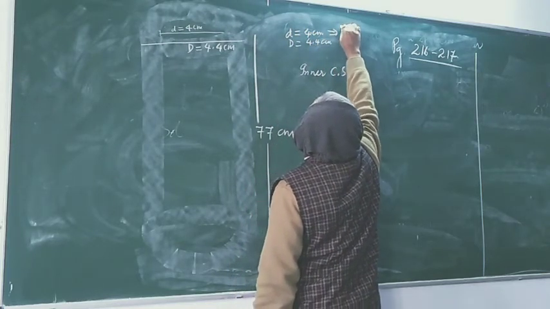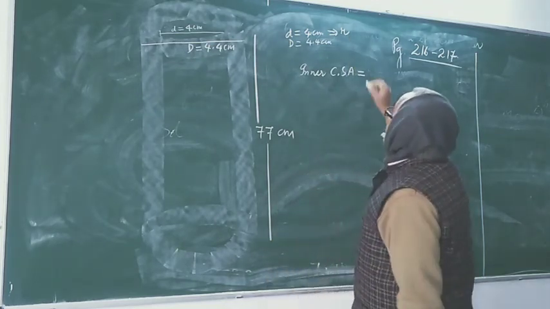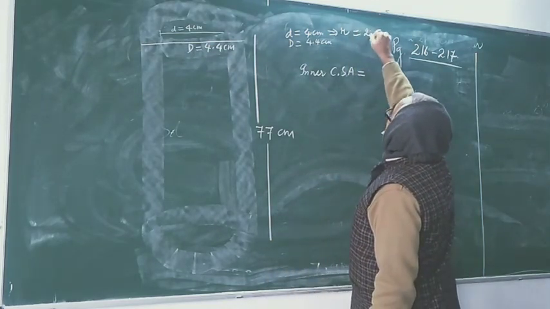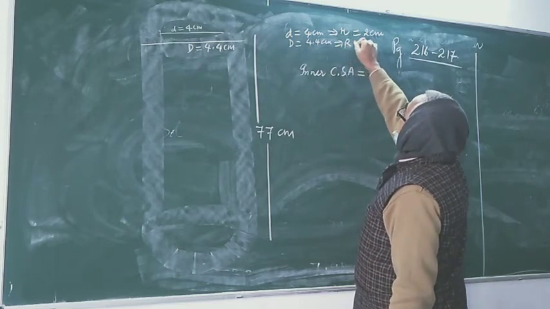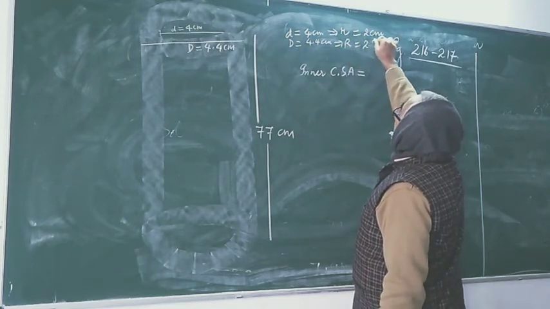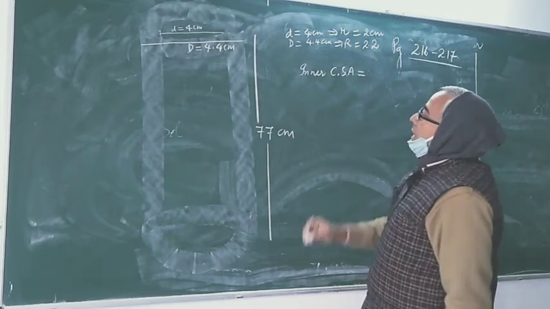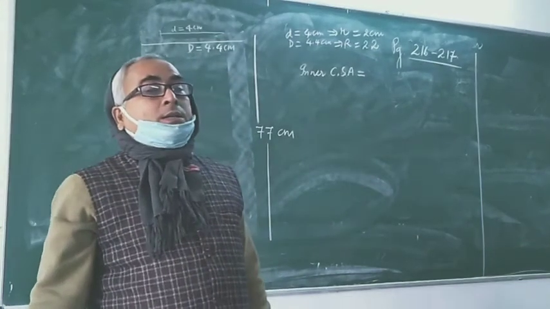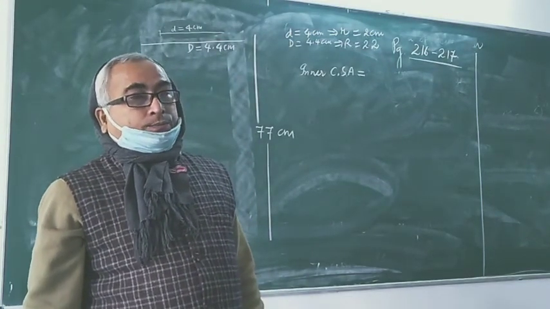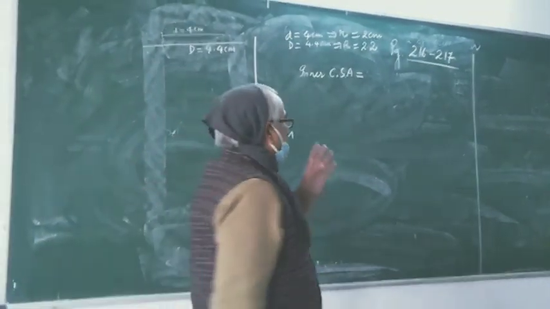So what is the value of small r? 2 centimeter. What is the value of capital R? 2.2 centimeter. Small r and capital R are the inner radius and outer radius. Clear?